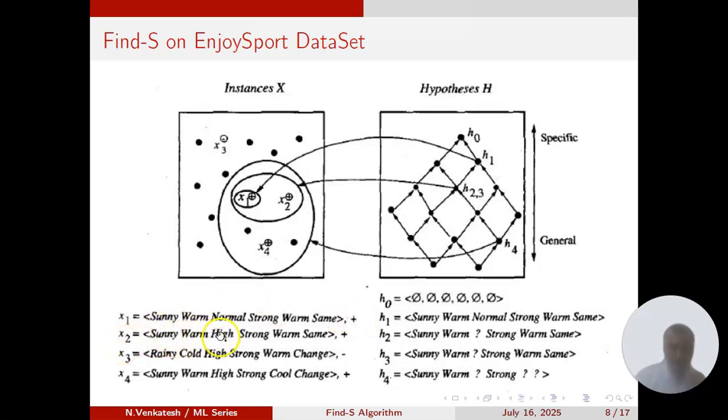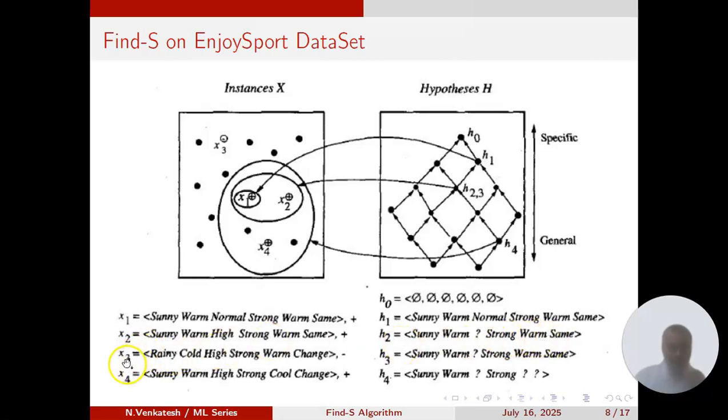From x2, the wind speed is high, and also he enjoys a water sport. That means for a wind speed of any value, he enjoys a water sport. So to represent that in a hypothesis, we have a question mark. That is, in H2 we have a question mark for the wind speed taking any value.